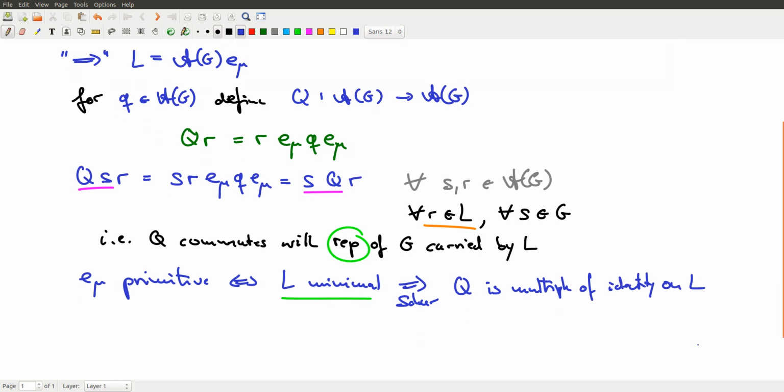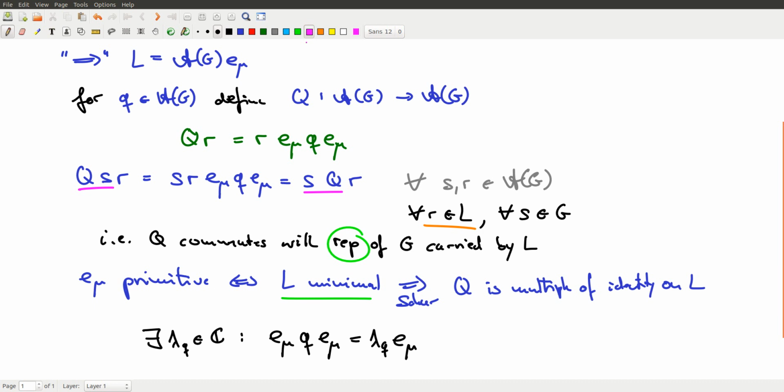Okay, so what was Q? Was defined up here. So Q was right multiplication with E mu Q E mu. What's the identity on L? That's right multiplication with e mu. So we know that this thing is a multiple, let's say lambda q, some complex number, times e mu.